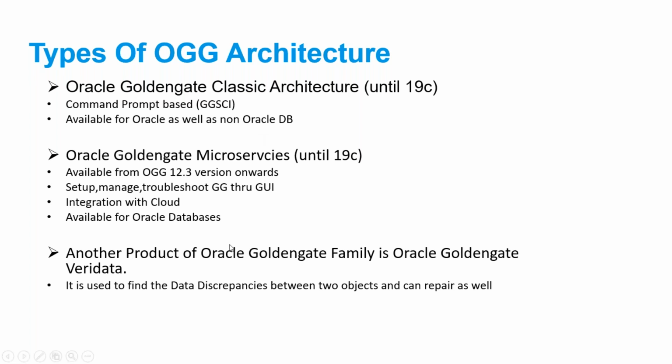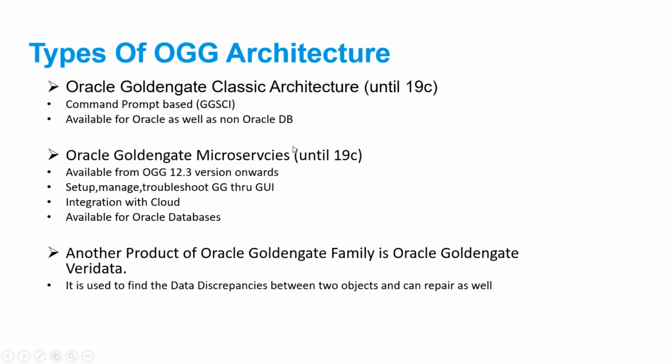Oracle Goldengate microservices until 19C is available only for Oracle database, and it allows for better integration with cloud applications. From 21C onwards, which we'll discuss, the support has been extended to 5 other non-Oracle databases as well for microservices. In this slide I have mentioned until 19C because from 21C the support has been extended.